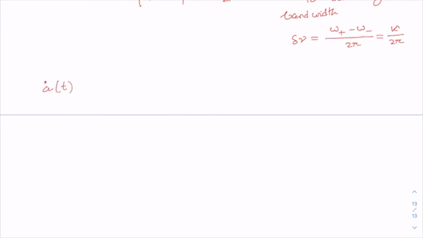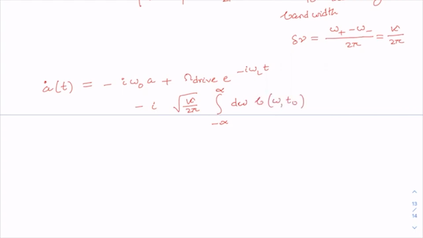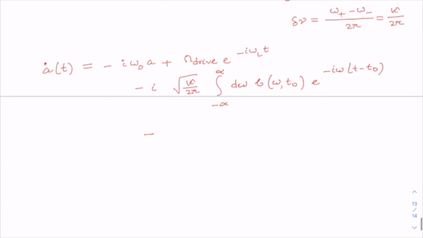A dot t is equal to minus i omega 0 A plus omega drive e to the power minus i omega L t, minus i square root of kappa by 2 pi integration minus infinity to plus infinity d omega b of omega at t0 e to the power minus i omega (t minus t0), minus kappa by 2 pi.